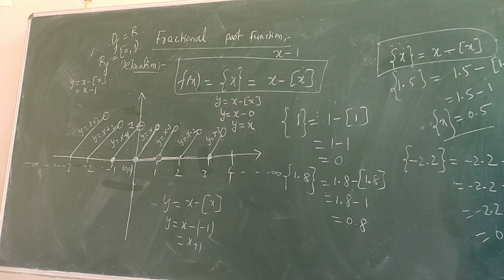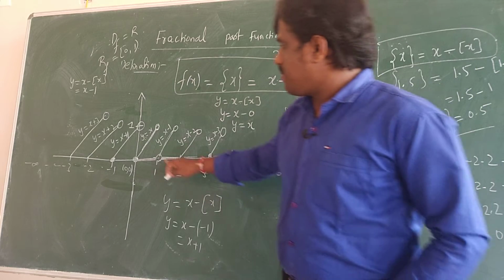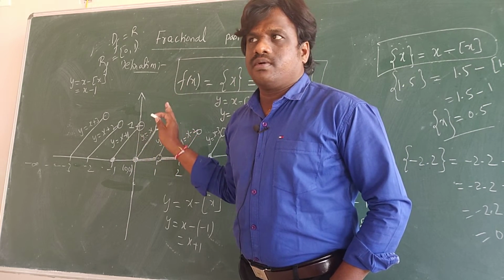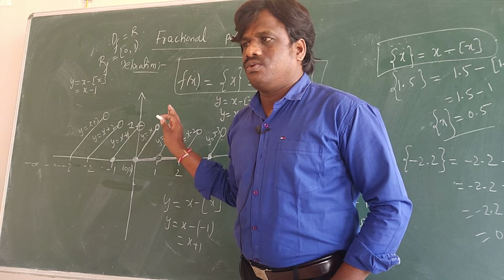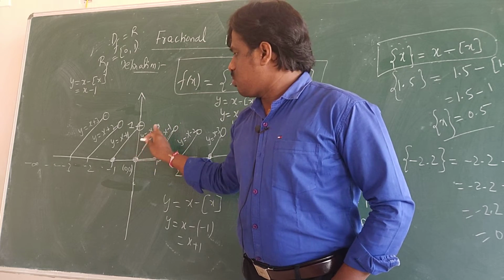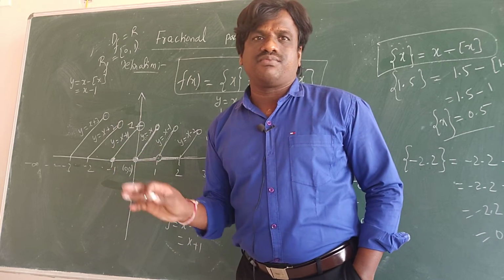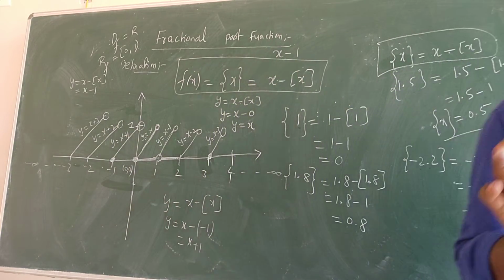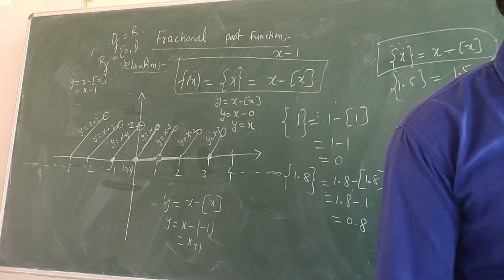You can also use slope and point: the slope is 1, tan theta equal to tan 45 degrees is 1, so the slope-point form equation will also work. But you don't know straight lines yet, so that's why I am not explaining that method.